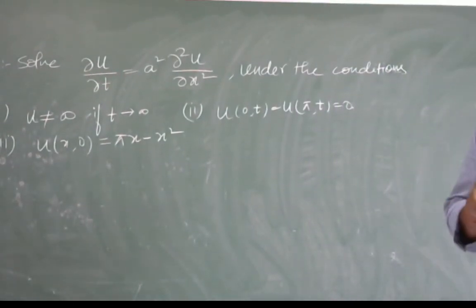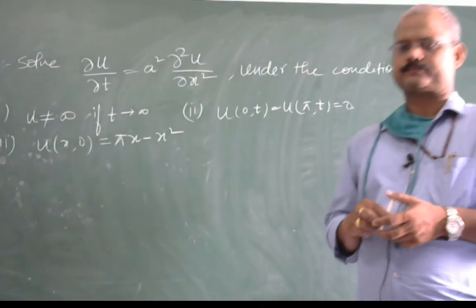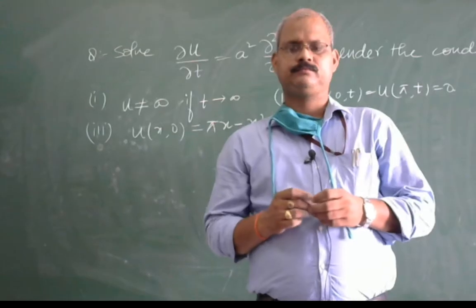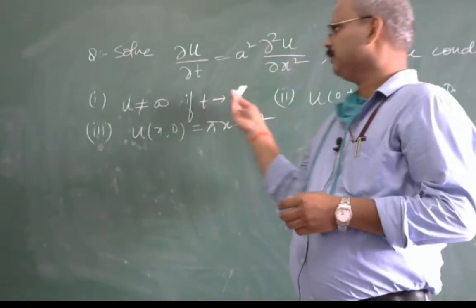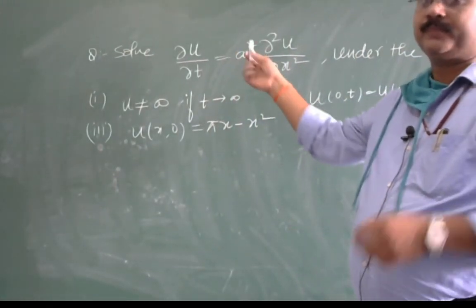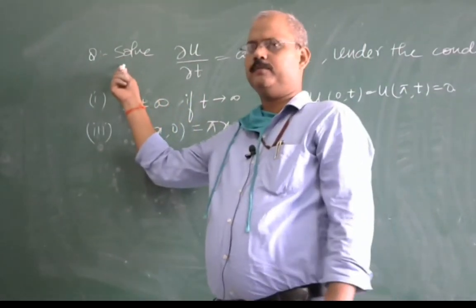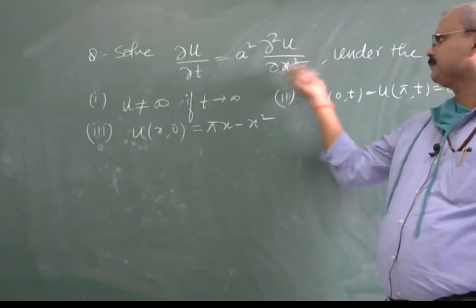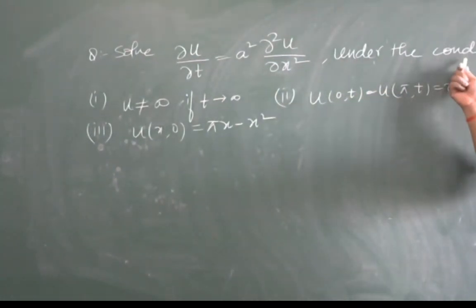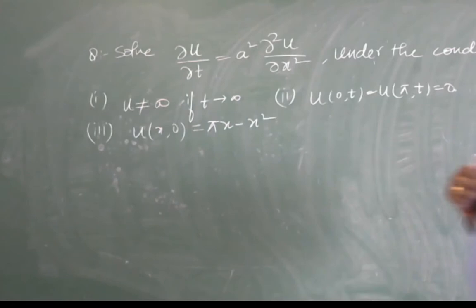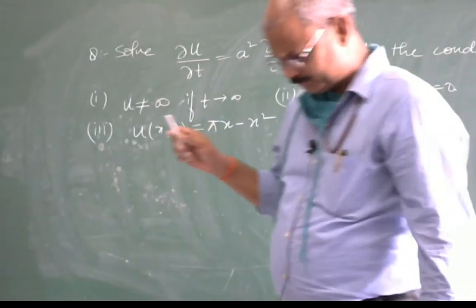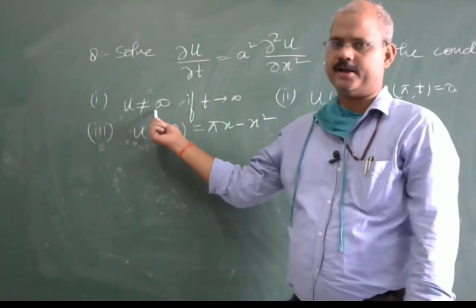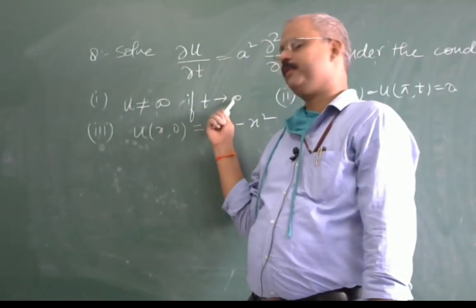Okay, students. Now you can see here we have written: solve the one-dimensional heat flow equation under the following conditions. The first condition is given here: u is not equal to infinity if t tends to infinity.